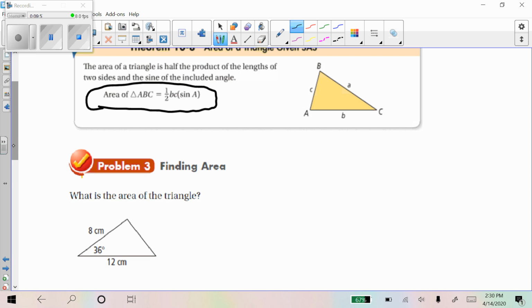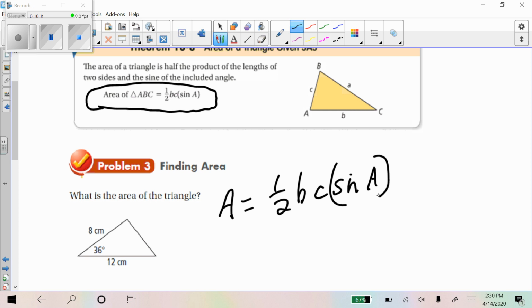So basically you need to know two sides and one of the angles to use this formula. The area of this triangle here is 1/2 b times c, so the two sides you know, times the sine of the angle, and that angle has to be included between those two. So this would be A right here in this triangle.